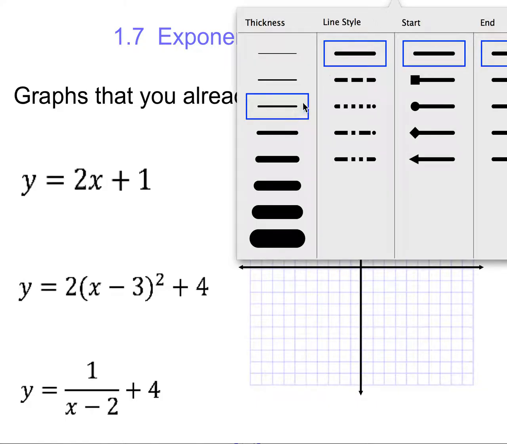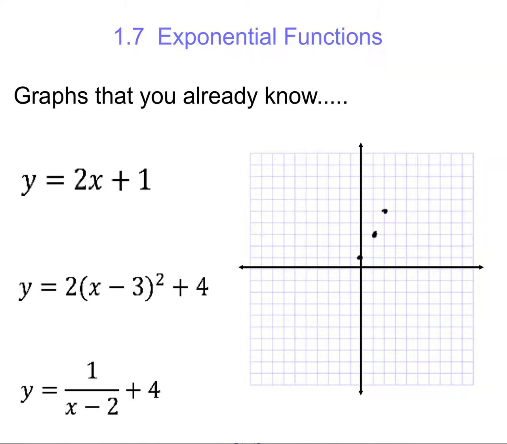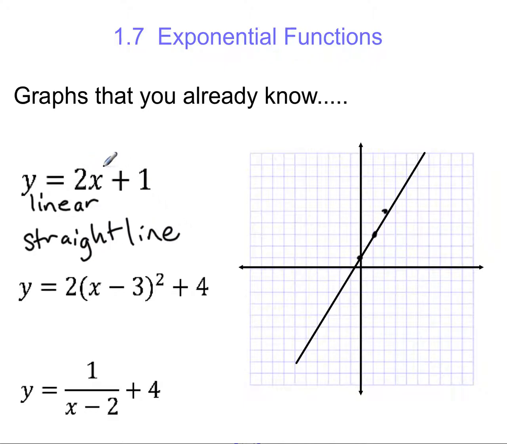And I know that the equation will be a straight line. That may not be perfect, but you get the idea. So this is a linear equation, and it's a straight line. Also important to notice that the exponent here is a 1. It's a ghost 1, but it is there. It's the exponent on the x.